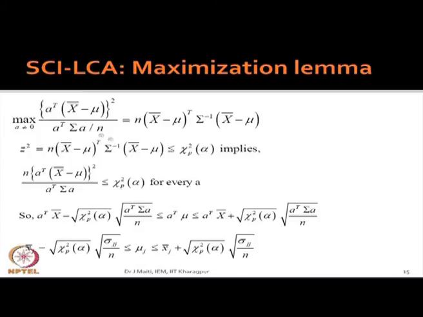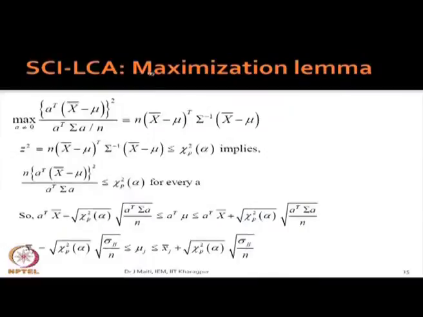So, do not worry while reading this, but please remember that for non-zero A, the maximum value of A transpose x bar minus mu, squared, divided by A transpose sigma A by n, that is, the square of the z quantity, is nothing but z square.